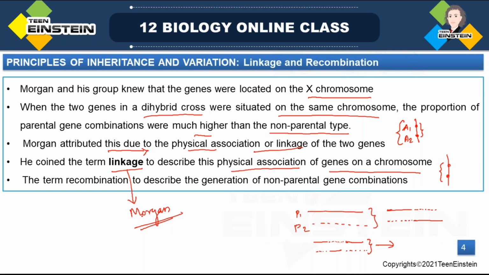What is linkage? Linkage is the physical association of genes on a chromosome. And the term recombination is the generation of non-parental gene combinations. Recombination means other than parental combinations, some different gene combinations can be seen. That is called recombination.